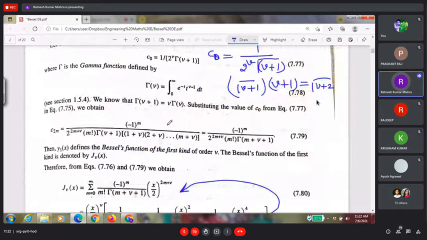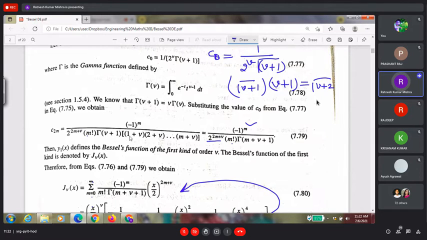Let us simplify C2m a little more. C2m is minus 1 to the power m over 2 to the power 2m plus v, factorial m, gamma v plus 1, and 1 plus v, 2 plus v, up to m plus v. So we can write this: minus 1 to the power m is as it is, 2 to the power 2m plus v is as it is, factorial m is as it is.